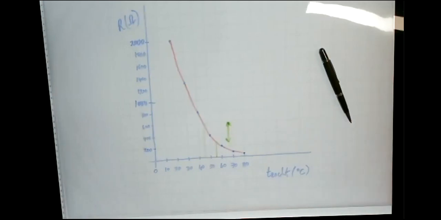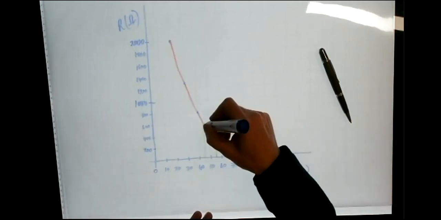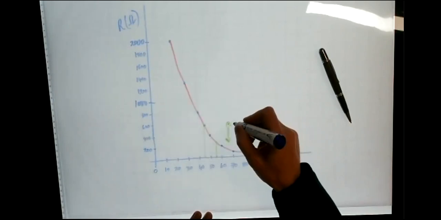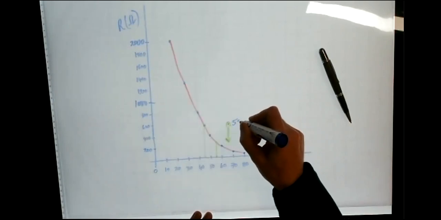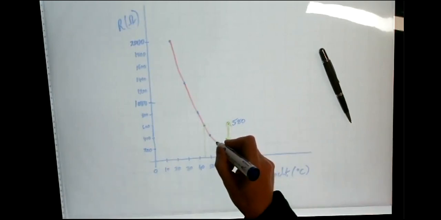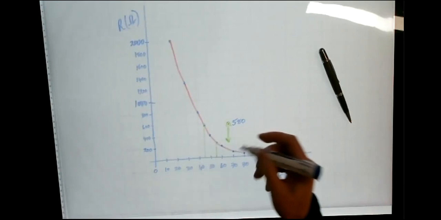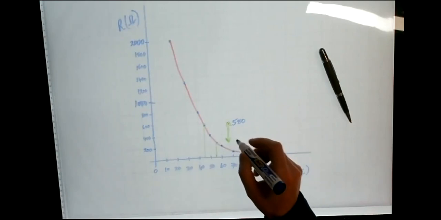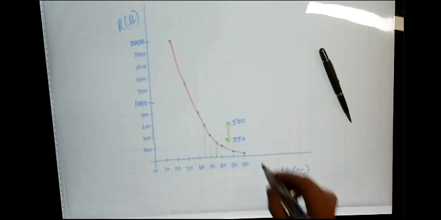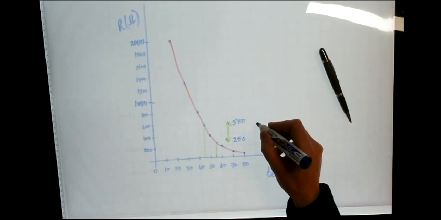Right, listen. The value for 45 degrees is roughly 580, 590. For 55 degrees, roughly 440, 450. So the variation is roughly 250 ohms, depending on the accuracy of the graph here.